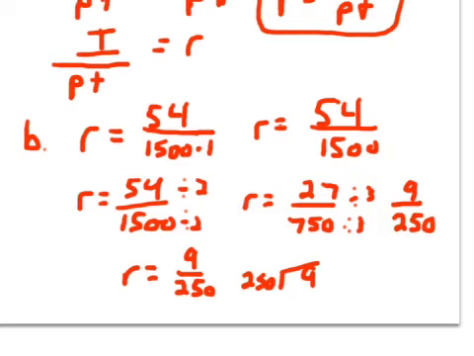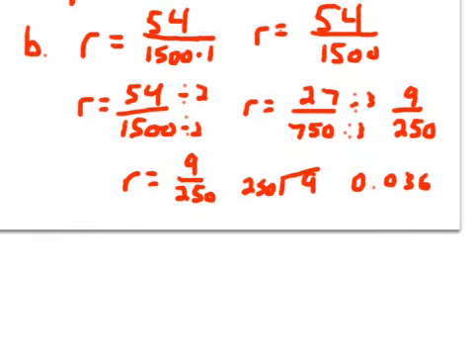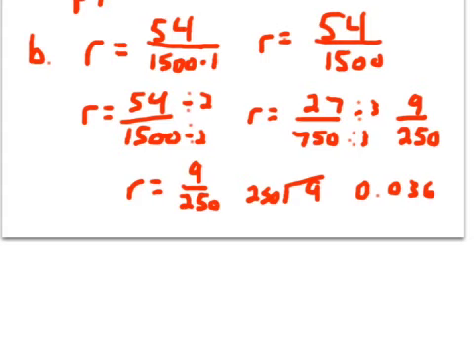So 9 divided by 250 is 0.036 as a decimal. Okay? Well, now we should probably write that as a percentage. So 0.036 as a percentage is 3.6%. Okay? Rates should always be written as percentages. So it's 3.6%.